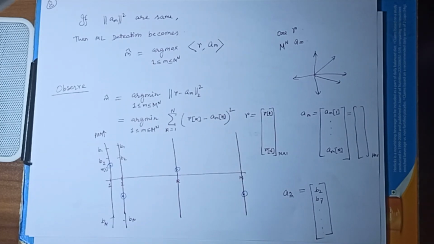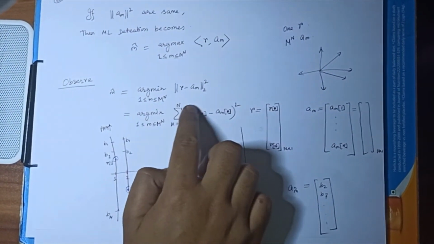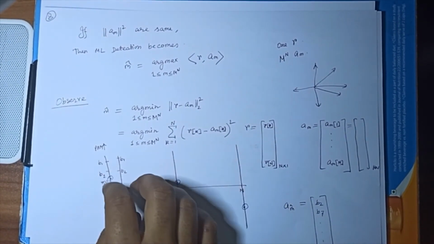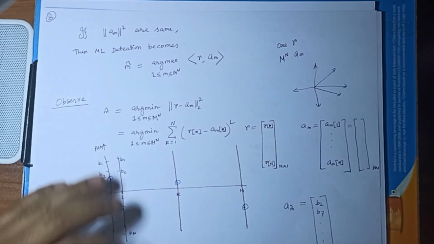That one-shot detection is good enough. So just by observing R, which is basically the matched filter output when you are sampling at the right time, find out by simple thresholding operation which value it is close to. Thresholding you have seen already in quantization.